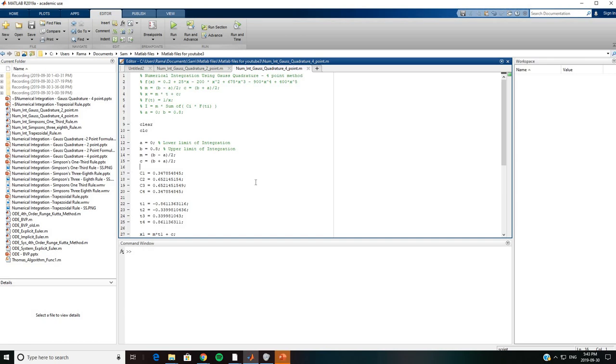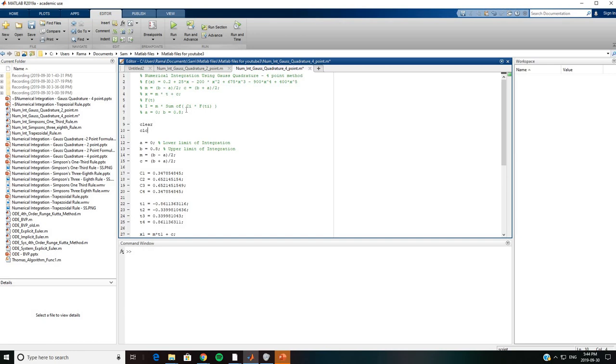We look at the MATLAB code for this Gauss Quadrature 4-point method. The function f of x is given here, and the parameters m and c are given, and x equals mt plus c. So we have to find the function F of t by substituting x equals mt plus c.